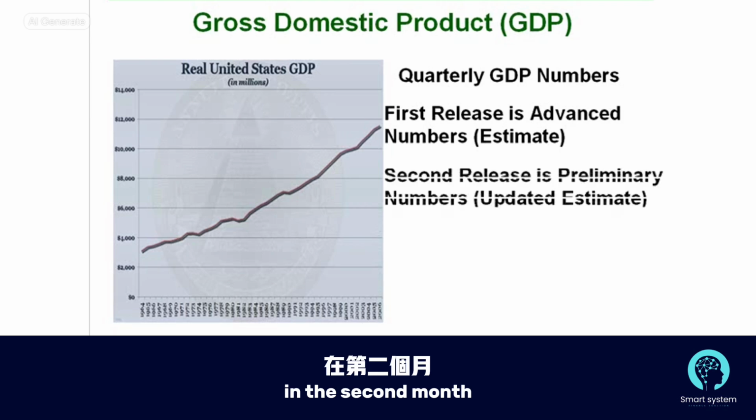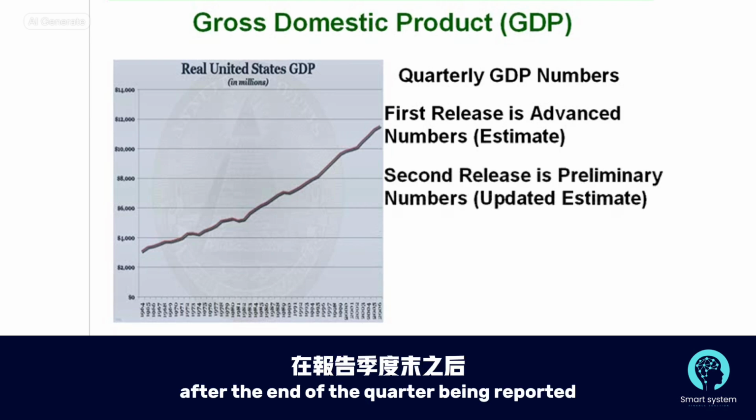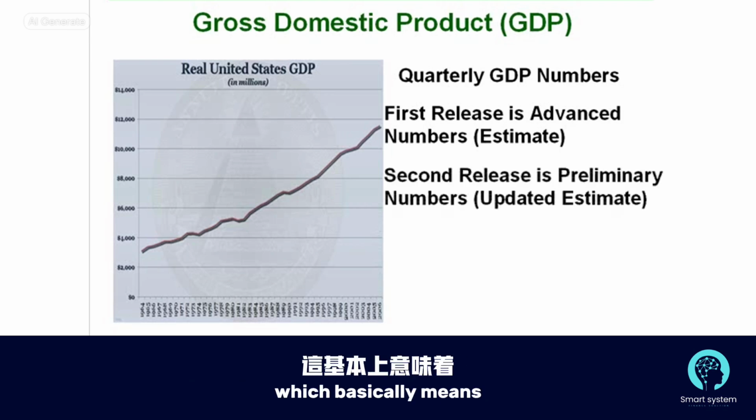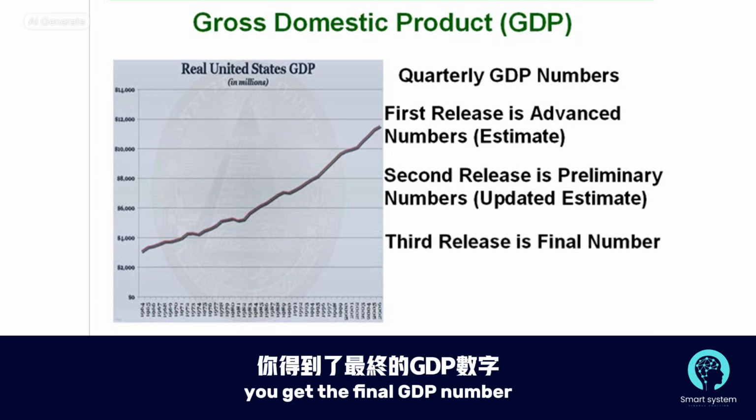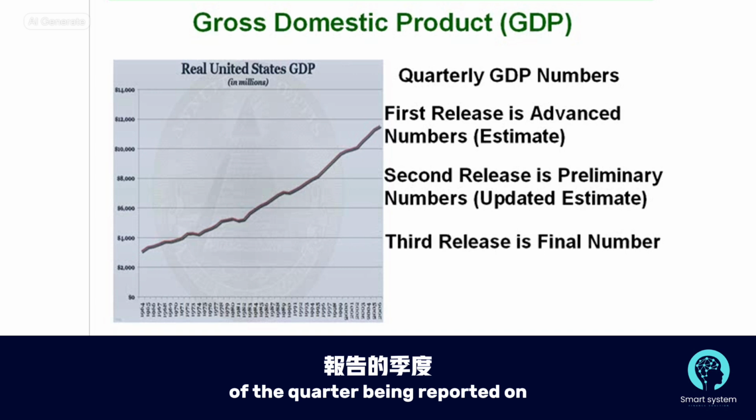In the second month after the end of the quarter being reported, you get the preliminary numbers, which basically means more accurate than advance, but still an estimate. And then finally, in the third month after the quarter ends, you get the final GDP number of the quarter being reported on.